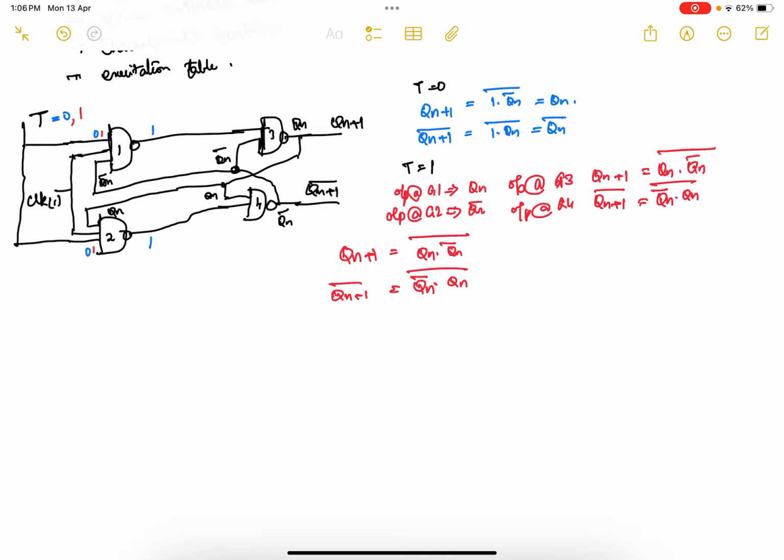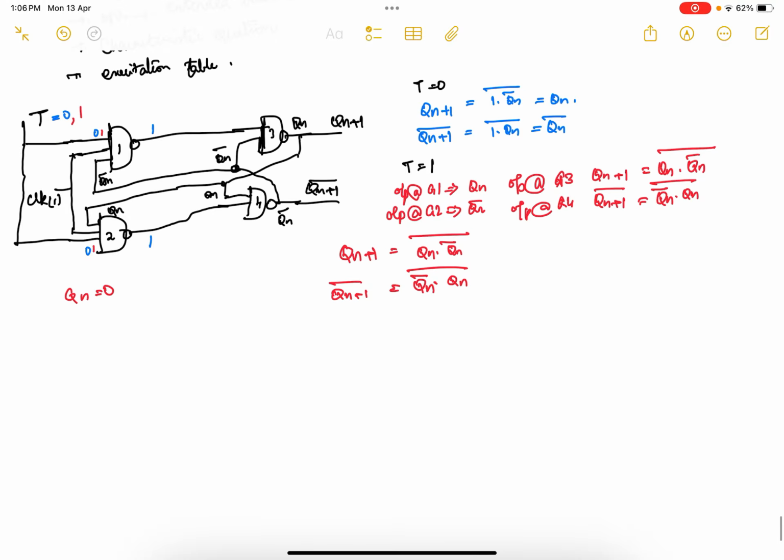Now, like our previous case, when Qn equal to 0, I am proceeding at the top side. At the top side, Qn plus 1 equal to 0 into anything, so it will be 0, and 0 complement gives the output as 1.